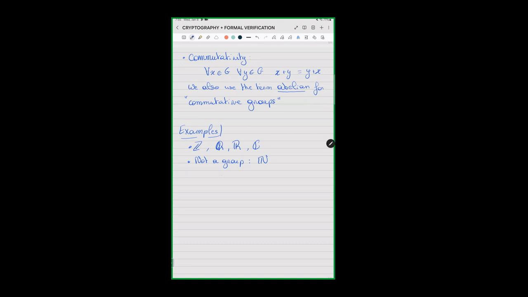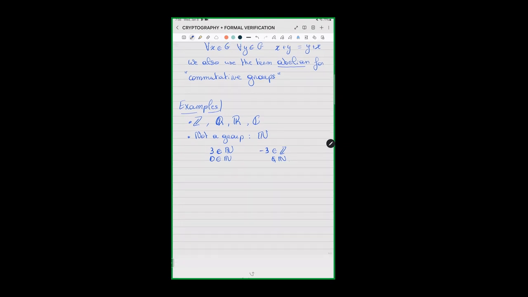Because if we take 3, it's in N. Also, we've got 0, which is in N. But we don't have the value -3. It's in Z, it's an integer, but it's not in the naturals. So we don't have the property that for every element in the natural numbers we always have an opposite.